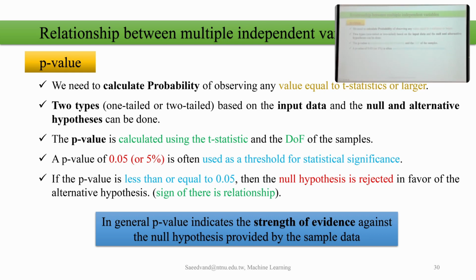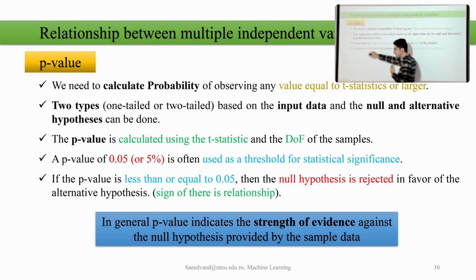After calculation of the p-value, usually we say, for example, a p-value of 0.05 or 5% is often used as a threshold for discussing statistical significance, for saying that the hypothesis can be accepted or rejected.